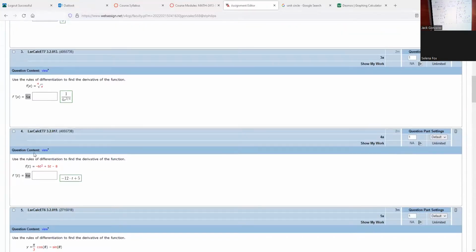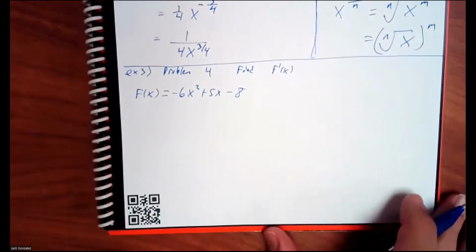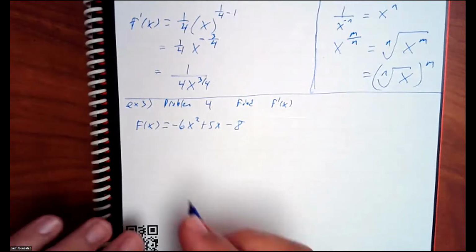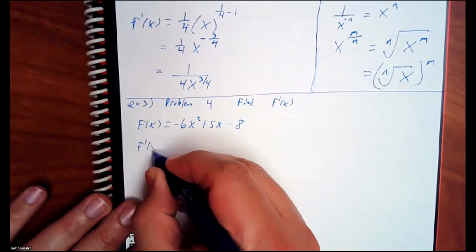Okay, let's do number 4. They're doing derivatives term by term. This one's a lot easier. Problem 4. Let's write the instructions. Find f prime again. I'm also going to use x instead of t. So f prime, all they want is the derivative.